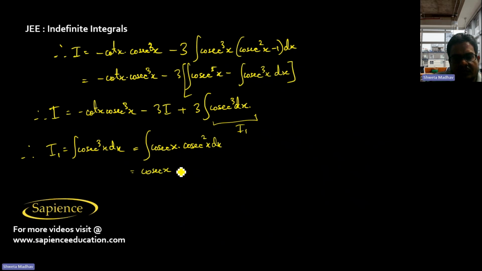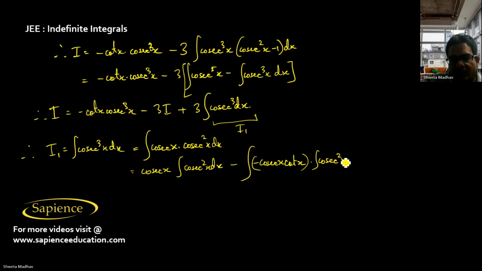Suppose cosec x is the first function, then integral cosec square x dx, then minus integral d by dx of cosec x, that is minus cosec x cot x, into integral cosec square x dx whole integral dx.